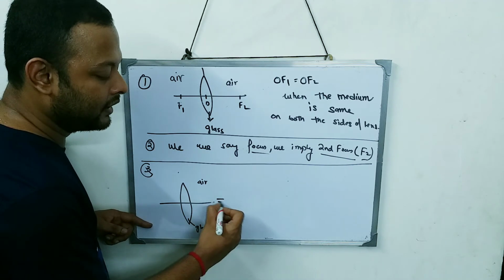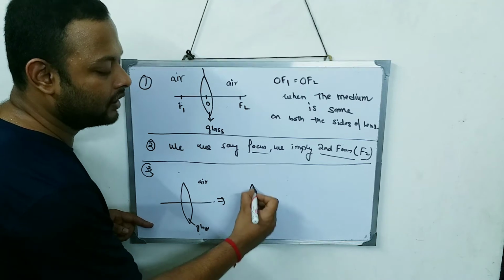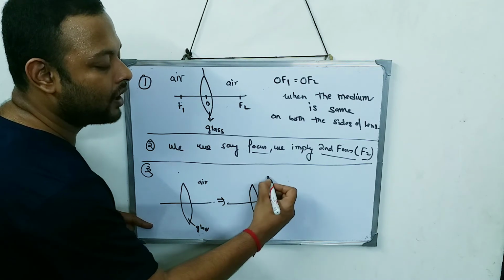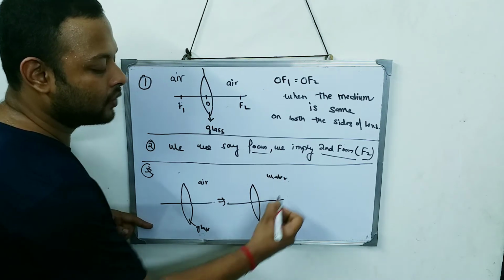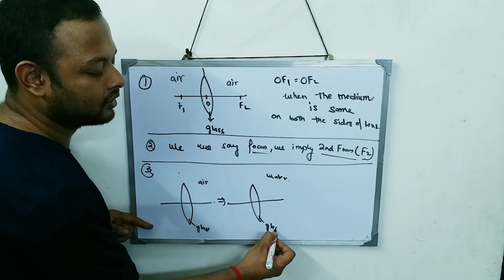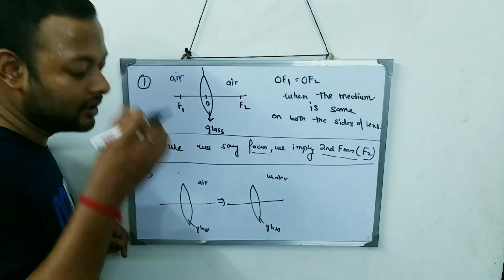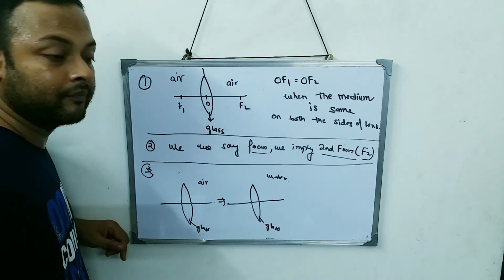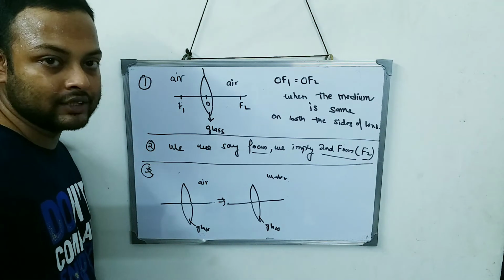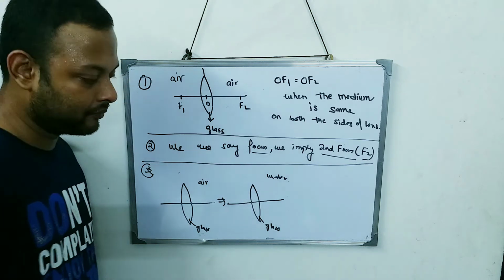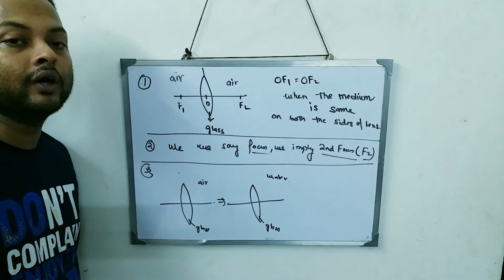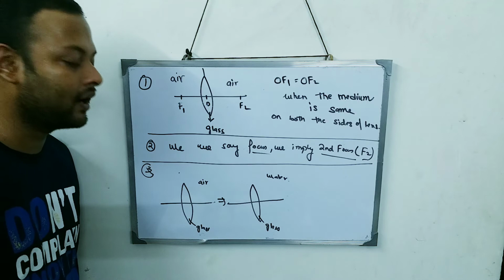We dip the lens from the air into water. So this is water and this is again glass. What will be the difference that we will see? Firstly, the lens will stay a lens only. The thing we are going to see a difference in is the focal length.